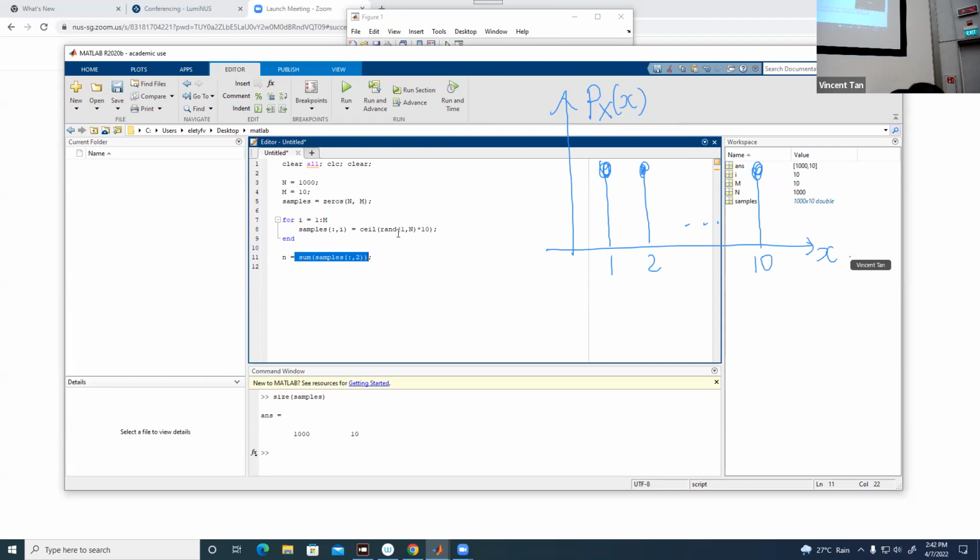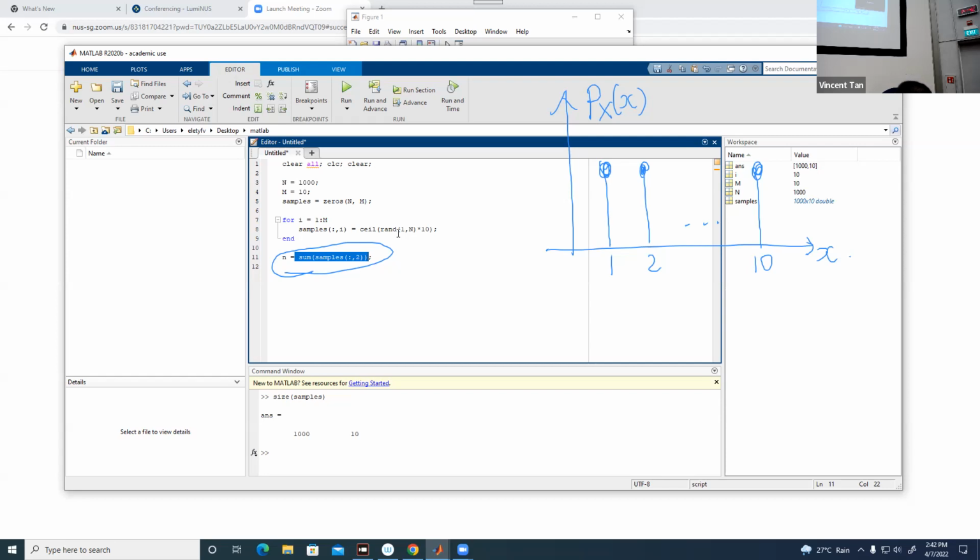By doing this operation here, I'm looking at how many samples I have of a certain value.